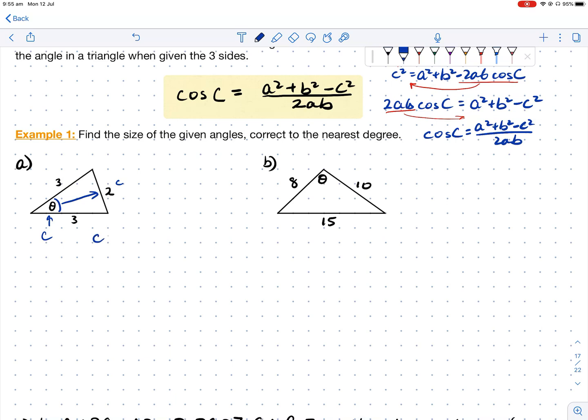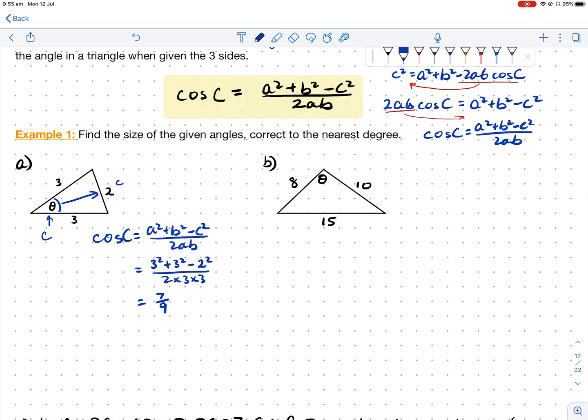Okay. So cos C is a squared plus b squared minus c squared over 2ab. So what we've got there is 3 squared plus 3 squared minus 2 squared over 2 times 3 times 3. And so when we work that out, that's a fraction that's about 7 over 9 in your calculator.